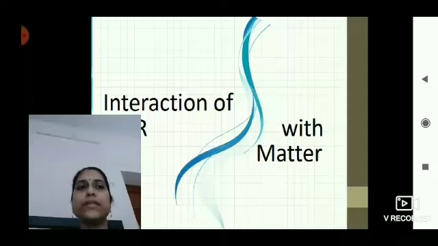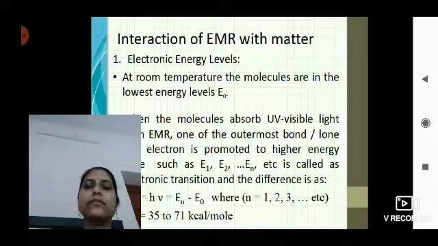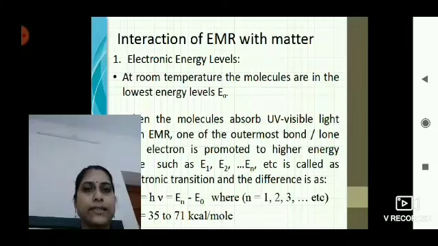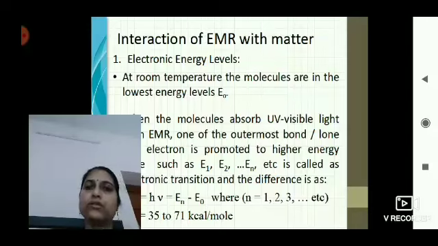Now, what happens when electromagnetic radiation interacts with matter? Every molecule wishes to be in its stabilized state, and at room temperature the lowest energy state is the most stable state of the molecule. So at room temperature all molecules or atoms remain in the lowest energy state.